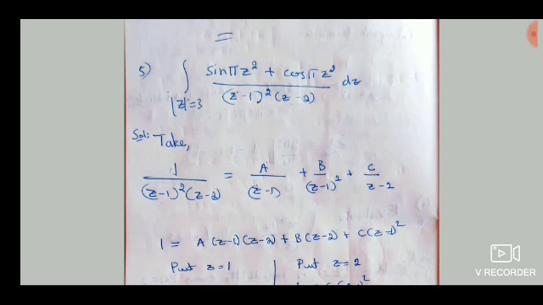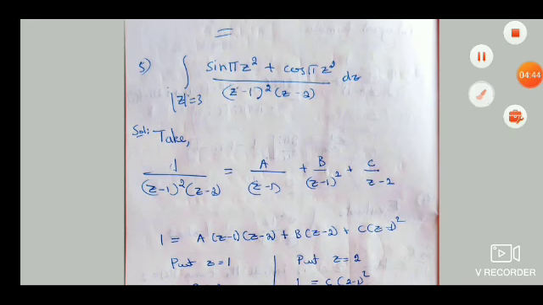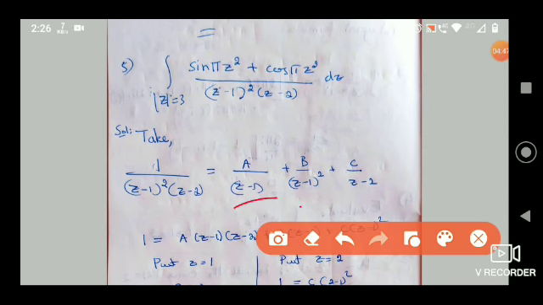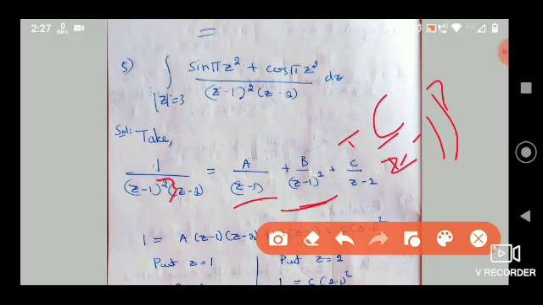So 1 by z minus 1 whole square divided by z minus 2 will be equal to a by z minus 1, plus b by z minus 1 whole square, plus c by z minus 2. Suppose it was z minus 1 whole cube, this will continue: a divided by z minus 1 plus b by z minus 1 whole square plus c divided by z minus 1 whole cube.